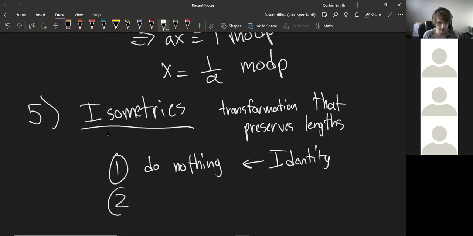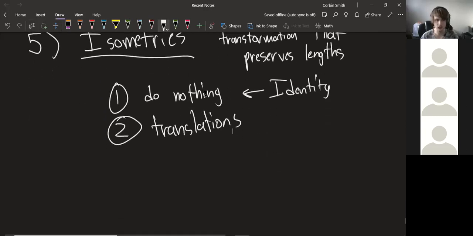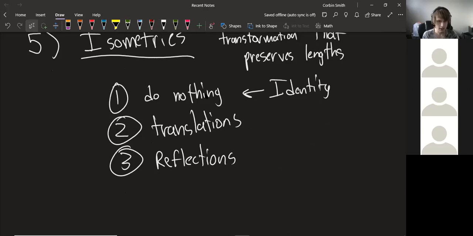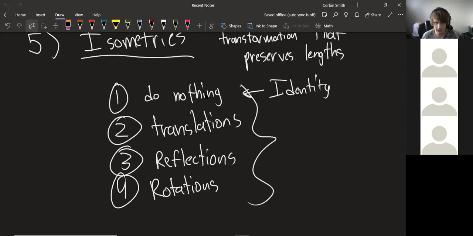Then we have translations. And every translation can be inverted. And then we have reflections. And 4, we have rotations. Altogether, these make up a group called Euclidean geometry.